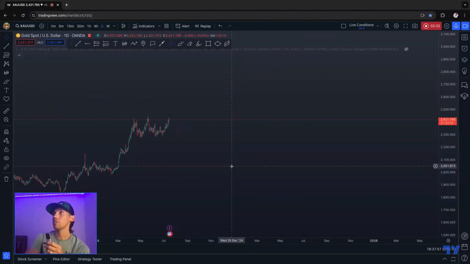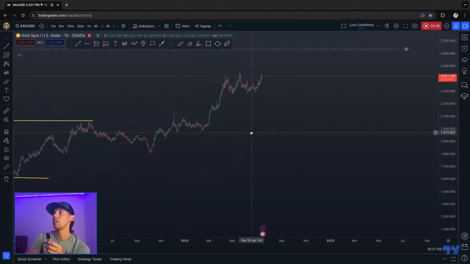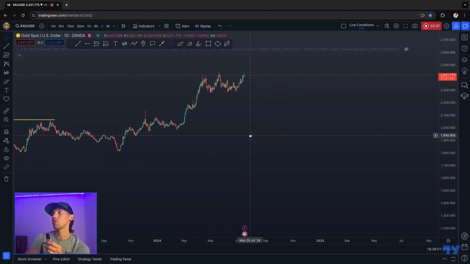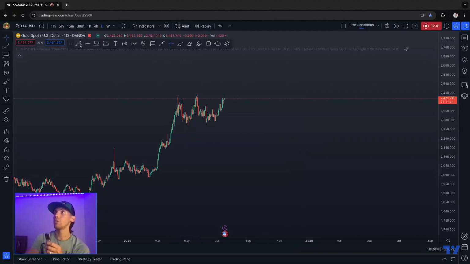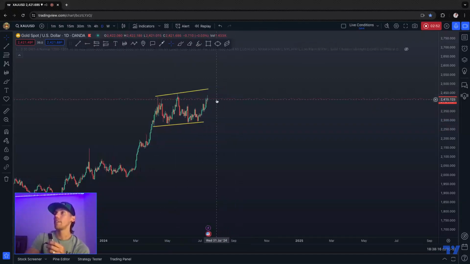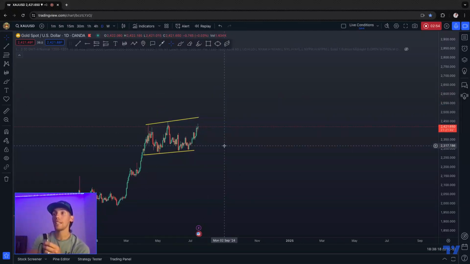More so now, since we're on the daily, we're going to look for where price currently is, and it's forming a beautiful flag. Okay, right here, top part of the flag right here. And there's no set area of where gold has to go right now.